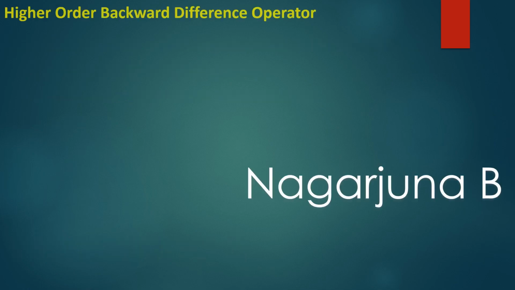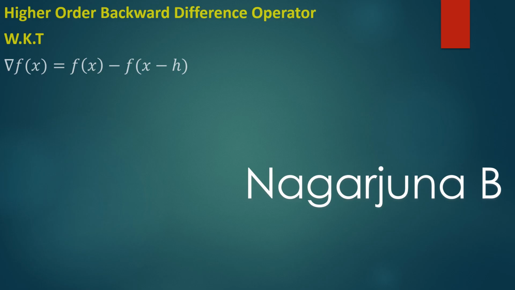Higher order backward difference operator. We know that del f of x is equal to f of x minus f of x minus h, whereas the higher order backward differences will be del square f of x, del cube f of x, del to the power 4 f of x, del to the power 5 f of x, and so on.